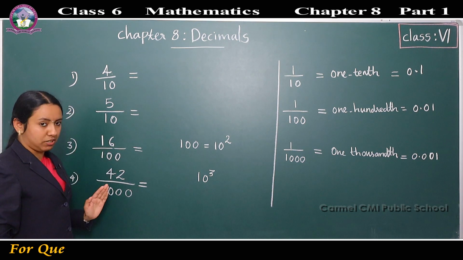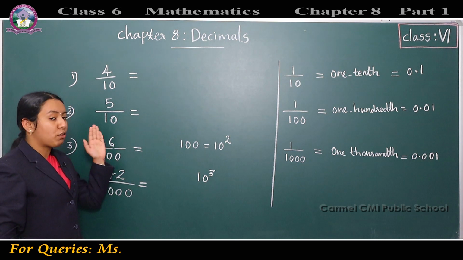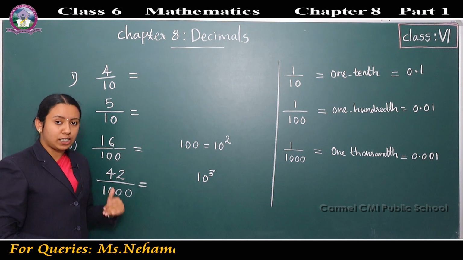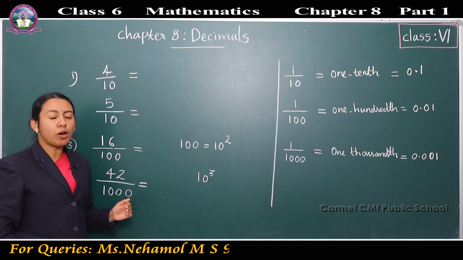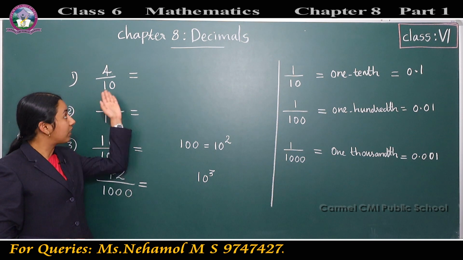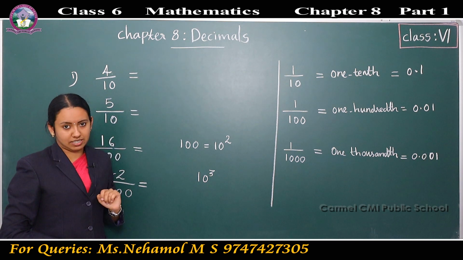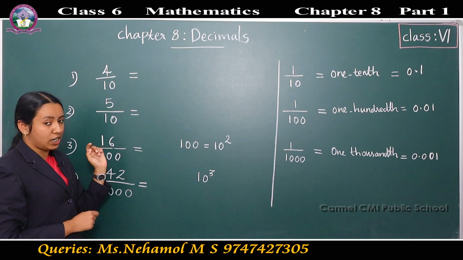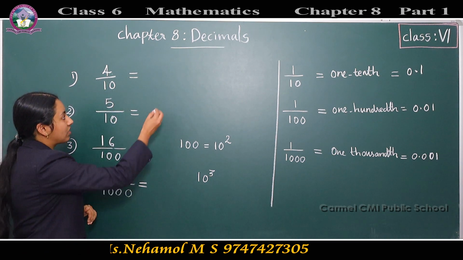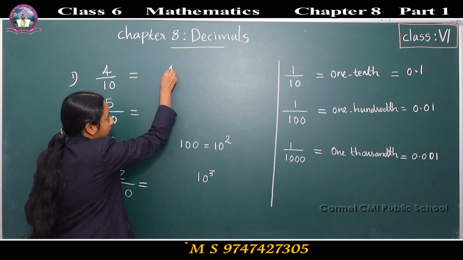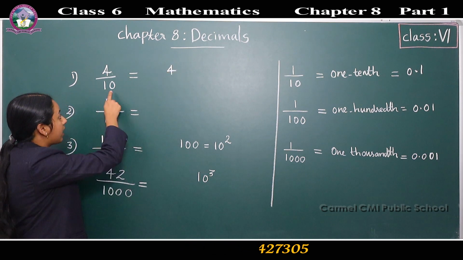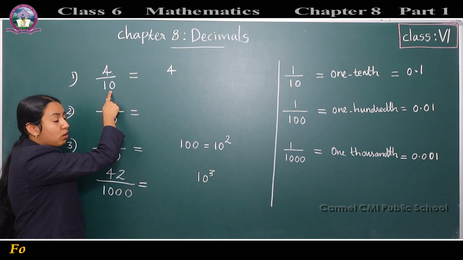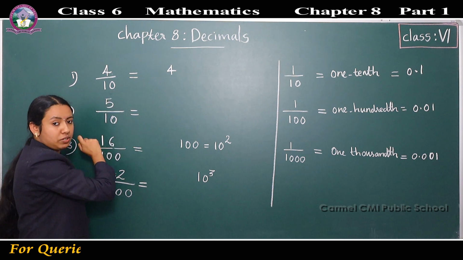Fractions having denominator as 10 or powers of 10 can be converted into decimals. To convert the fraction 4 by 10 to a decimal, first write the numerator itself. Then count the number of zeros in the denominator.